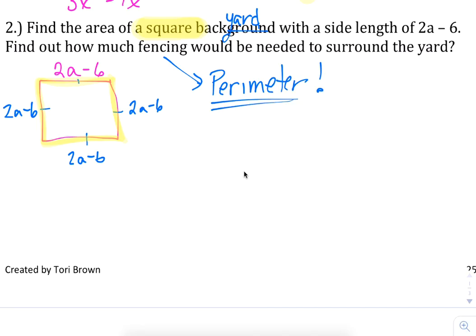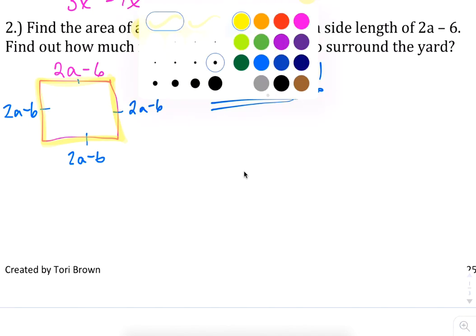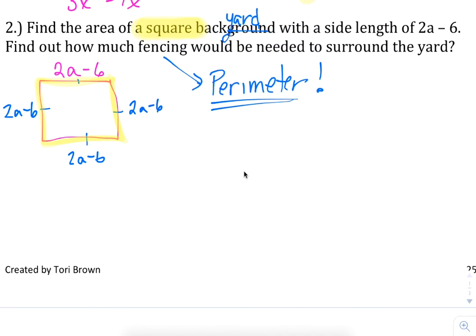So on this problem, we're going to do our adding skills again. To find perimeter, we add. I'm going to go ahead and add up all of my A's first. I have 2 plus 2 plus 2 plus 2. That's going to make 8 A's. I need to add up all my not A's, which are my 6's.